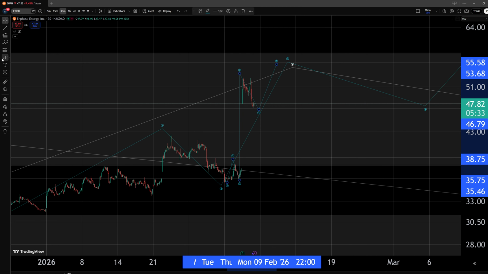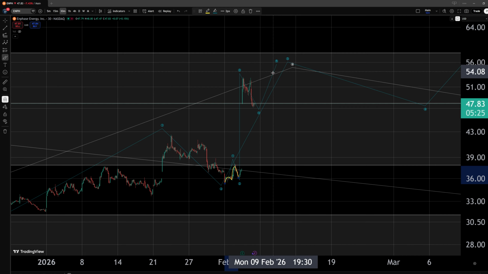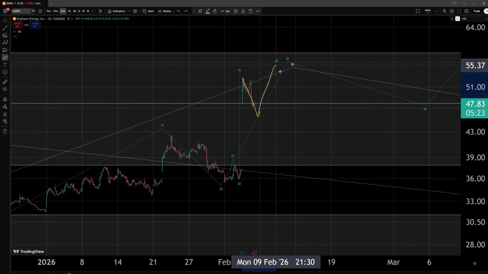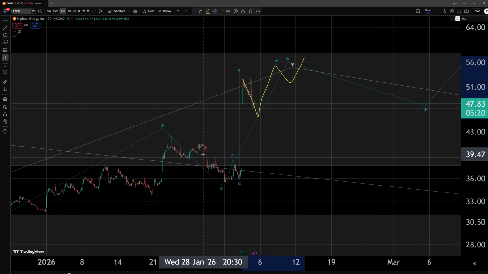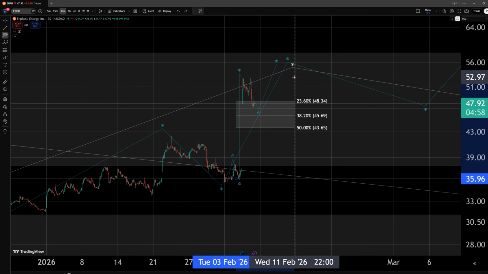Keep in mind, in this structure, we might be able to consider this a distortion, but we might as well have a double 1-2-1-2 setup, in which case we would expect a couple of additional 4-5 patterns before this structure is actually complete.